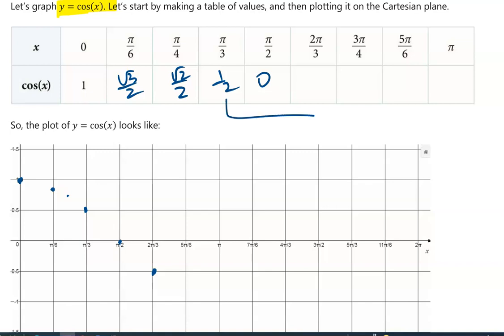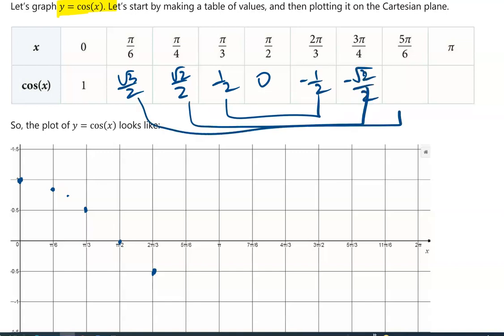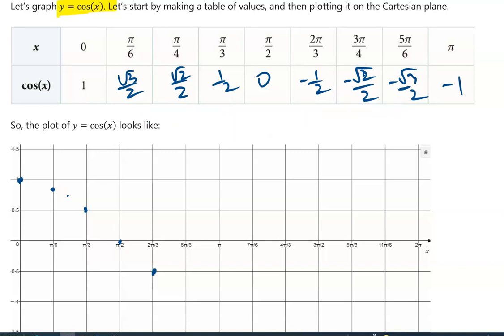So that's why this is negative 1/2, negative square root of 2 over 2, negative square root of 3 over 2, and that's why at pi is negative 1. Okay, now let's plot all this, and that's going to be the graph of y equals cosine x.